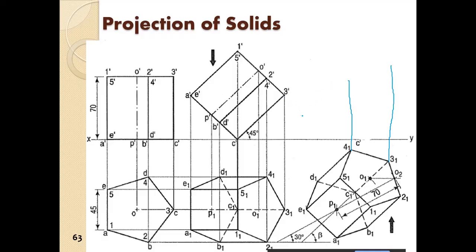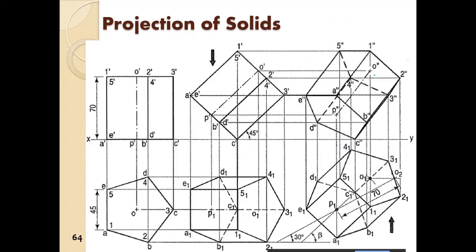To get the 3 1 point, 3 dash is projected and we get the intersection 3 1. 4 1 is projected and from 4 we get this 4 1. 5 1 is projected and from here we get the 5. Similarly you project the various points and ultimately construct this front view. So this is the ultimate required front view.